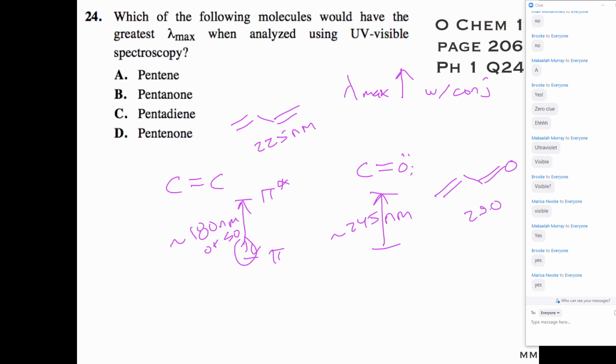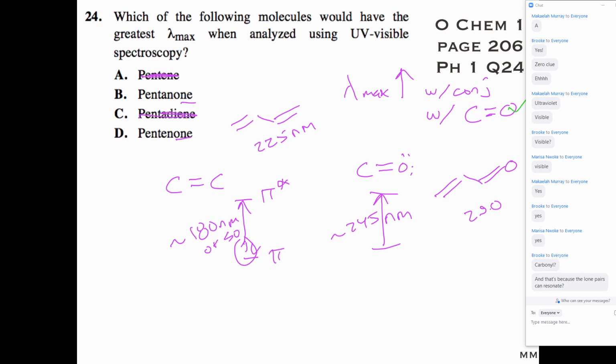And number two, which has a greater lambda max, an alkene or a carbonyl? Perfect, the carbonyl. So let's see what I get. The one or set. The one is going to win.